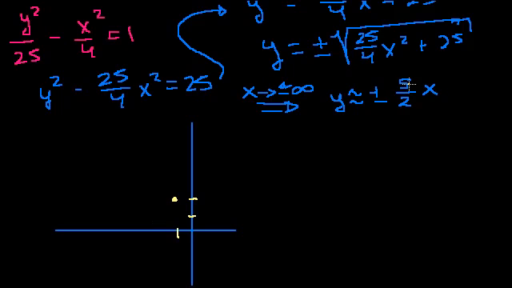This would have been the two asymptotes if we were centered at 0. But now this tells us the slope of the two asymptotes. The asymptotes are going to intersect at the center of our hyperbola.